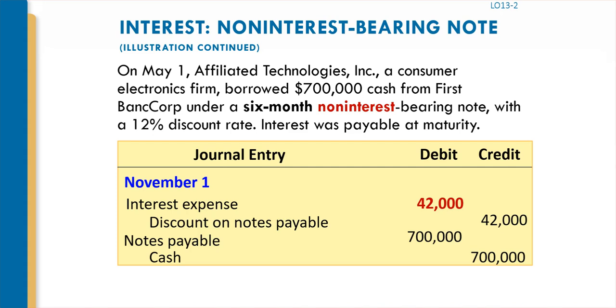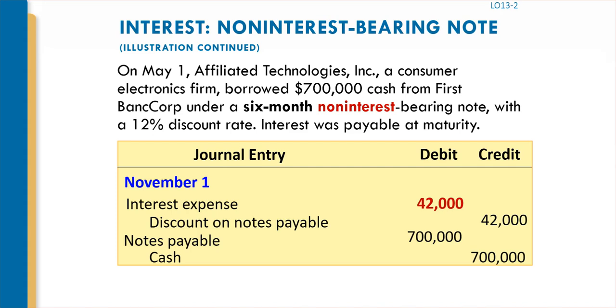So this whole way of doing things that you have in front of you has to do with theory, okay? The 42,000 represents interest expense that should have been paid that wasn't paid. We can't call it a payable because we're not ever going to pay it in cash. Therefore, we put it in this account, call it discount on notes payable, and then the discount goes away.